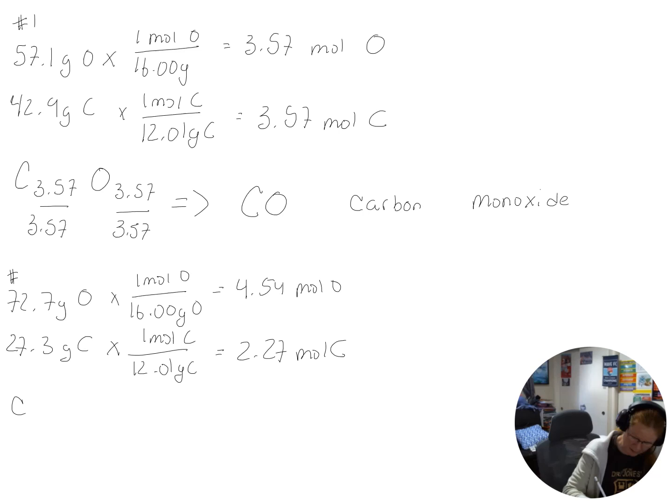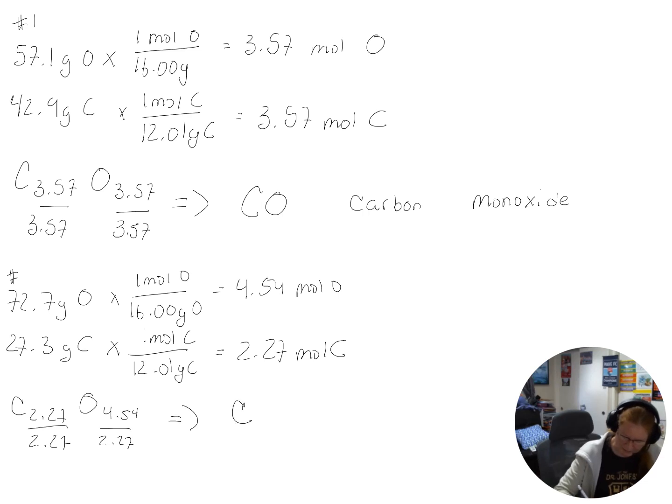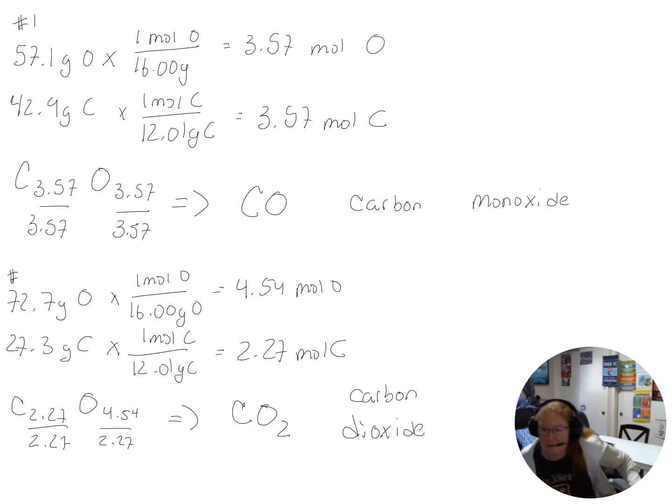Okay, so carbon 2.27, oxygen 4.54. Again, I'm going to divide by the lowest number of moles, so the 2.27 is the lowest. And I'm going to get CO2. So that's my second carbon oxide. If you remember your nomenclature, carbon dioxide. Okay, so those are our two carbon oxides here for this example.